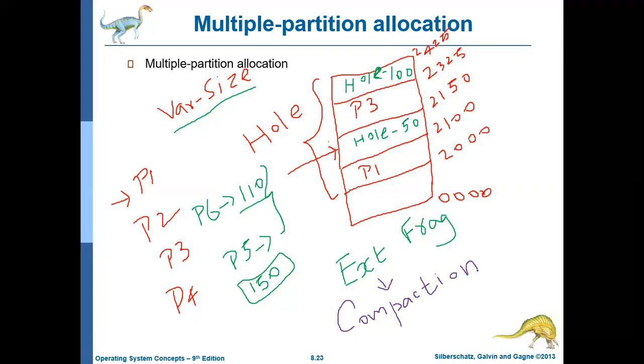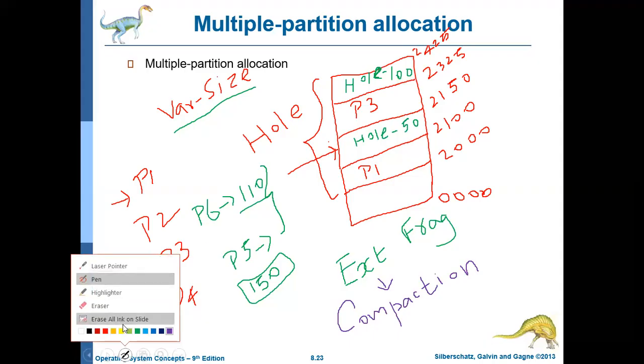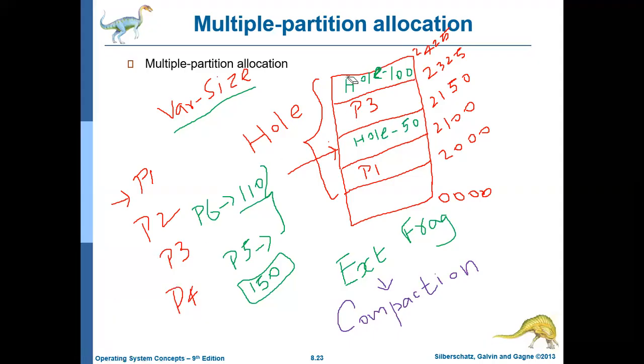So in that case, what will happen is P3 will be moved below into this hole, depending on its size. P3 occupies, in our case, how much memory? P3 occupies 175 MB.